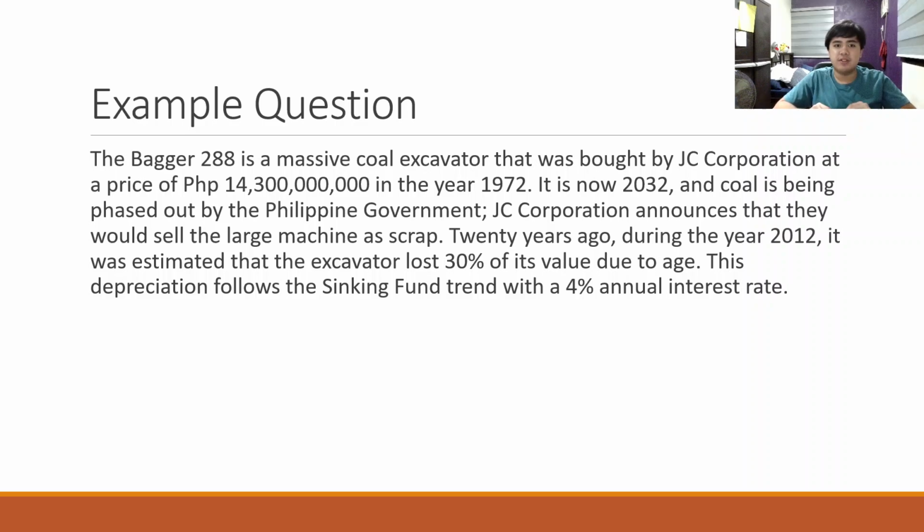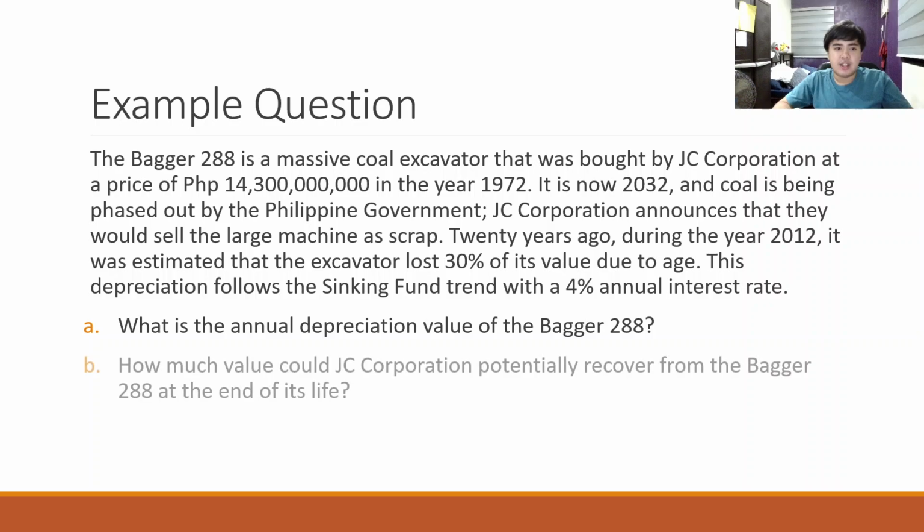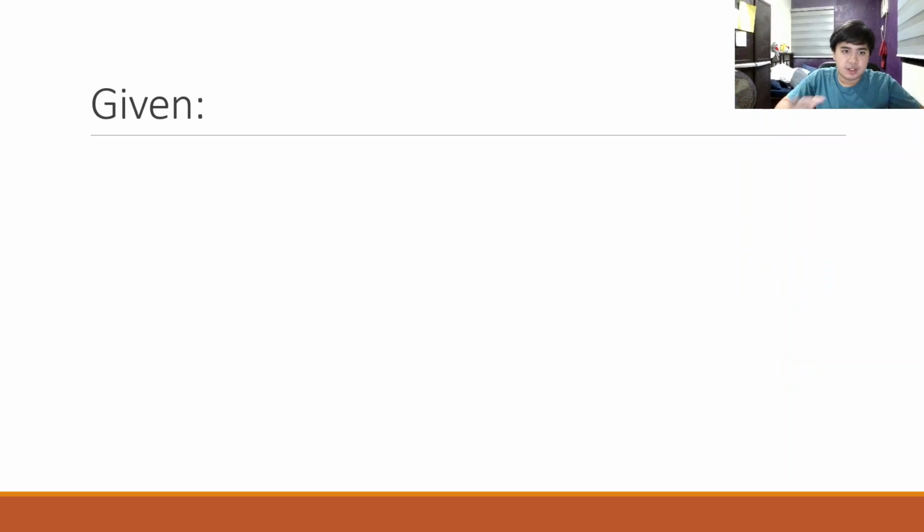JC Corporation announces that they would sell the large machine as scrap. 20 years ago, during the year 2012, it was estimated that the excavator lost 30% of its value due to age. This depreciation follows the sinking fund trend with a 4% annual interest rate. What is the annual depreciation value of the Bagger 288, and how much value could JC Corporation potentially recover from the Bagger 288 at the end of its life?